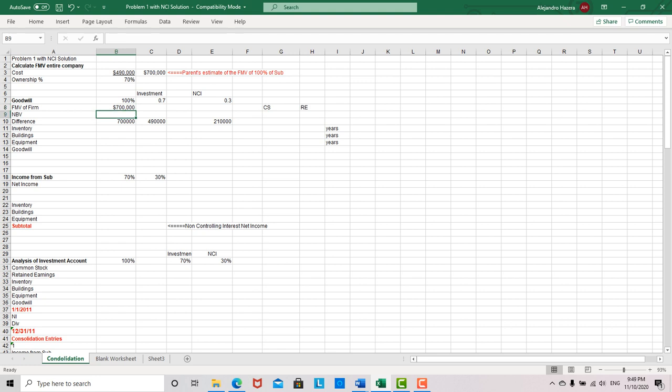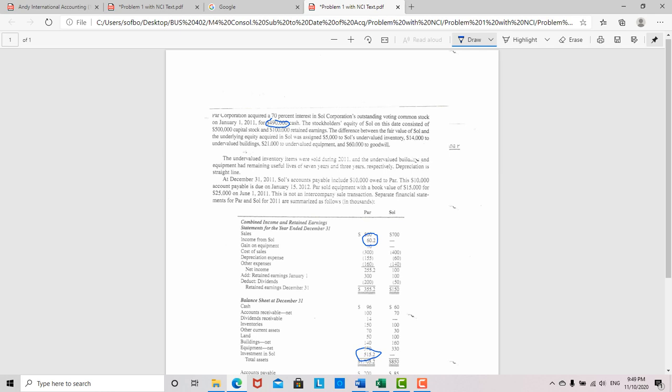Now, the net book value of the firm, let's go back to the text here. The net book value of the firm consisted of $500,000 capital stock and $100,000 in retained earnings. So 600,000.